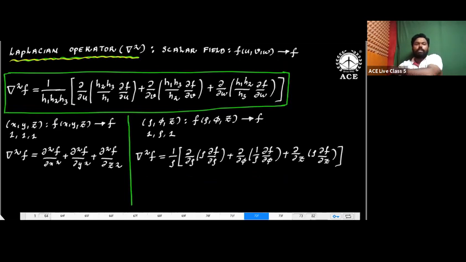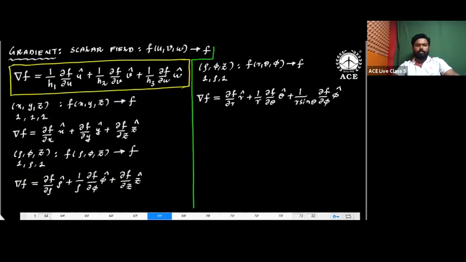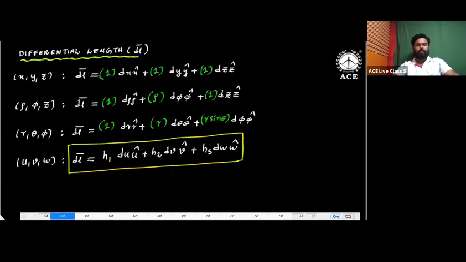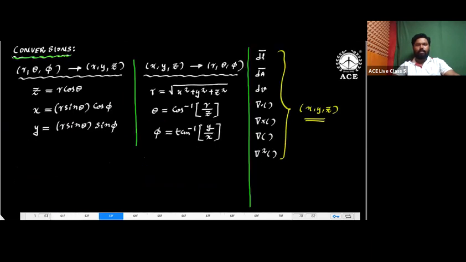Now let us take some questions here. Directly in some of your previous papers, he has directly asked numerical direct substitution kind of questions on these things. Some of your friends are suggesting a correction here.